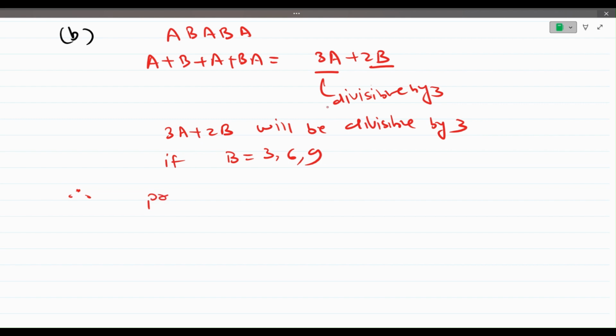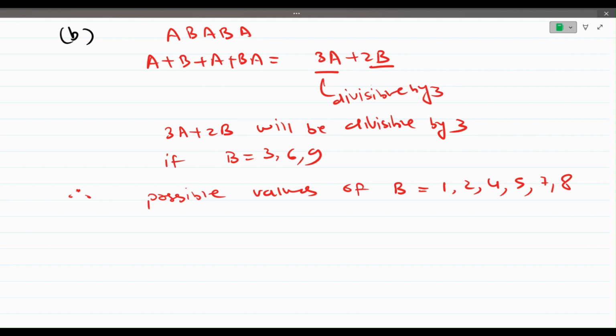Therefore the possible values of b are 1, 2, 4, 5, 7, and 8. It means all the digits except 3, 6, 9.